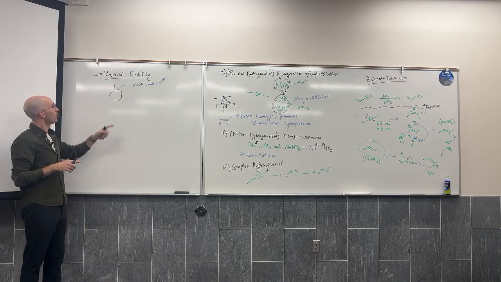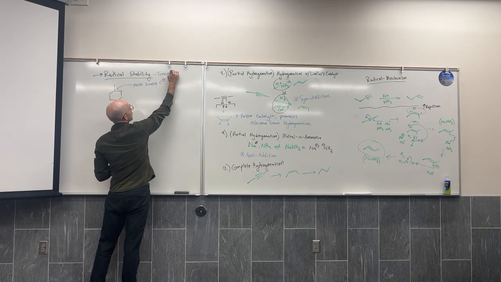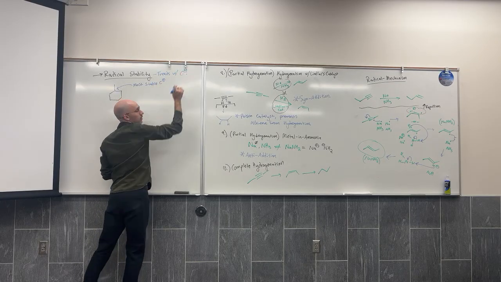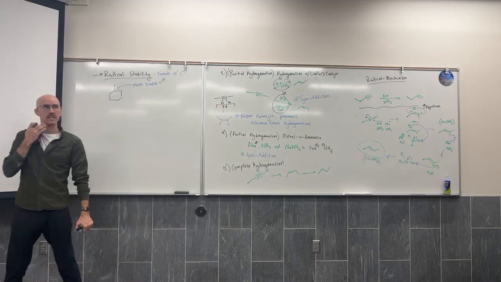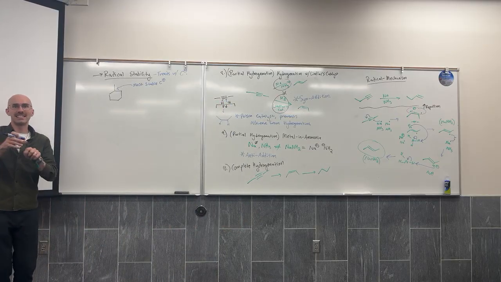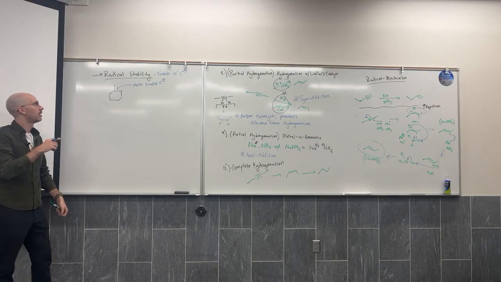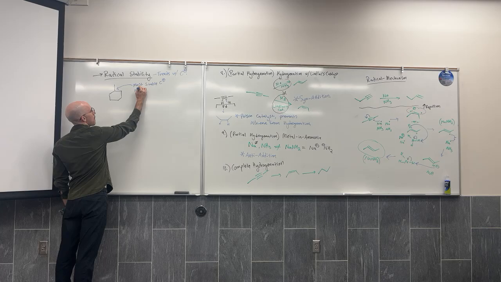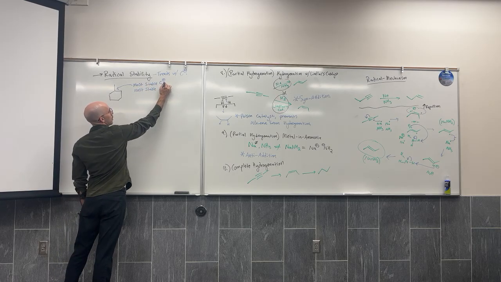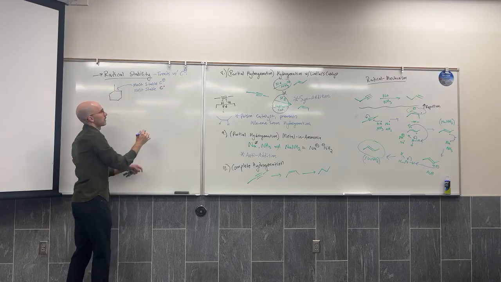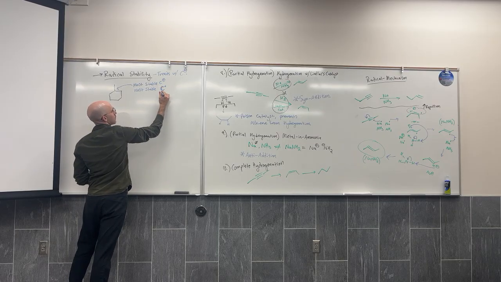And what I want you to know is that radical stability trends with carbocations. So where's the most stable place to take a hydrogen and leave a radical? At the most substituted carbon. Are you guys okay if we abbreviate carbon radical like this?